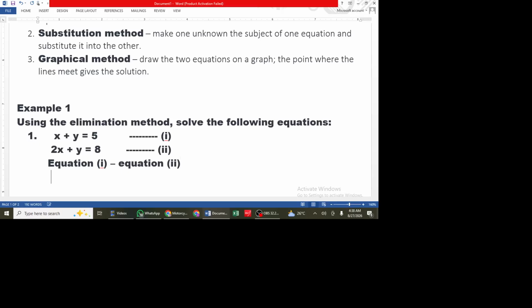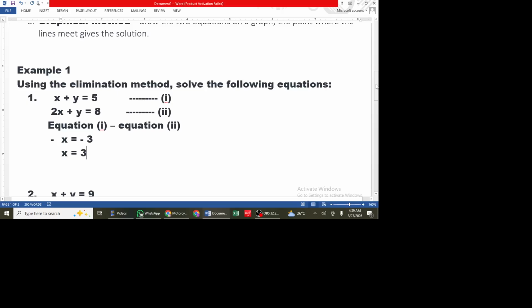And that will give us x in equation 1 minus 2x in equation 2 will give us minus x. Then y minus y will give you 0. Then you go to the other side. 5 minus 8 will give you minus 3. From there, when you divide both sides by negative 1, the value of x will be equal to 3.